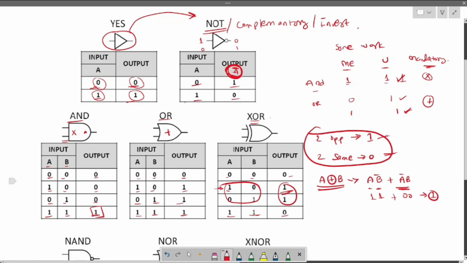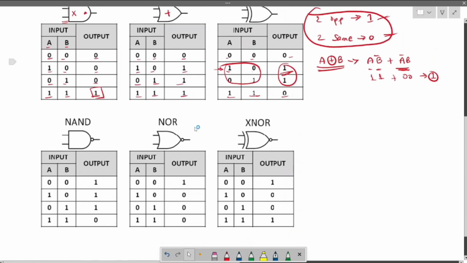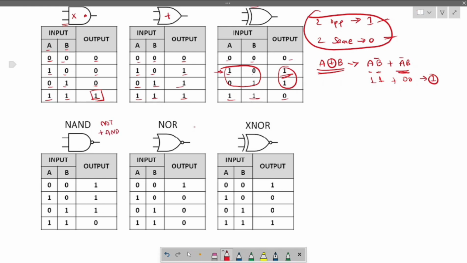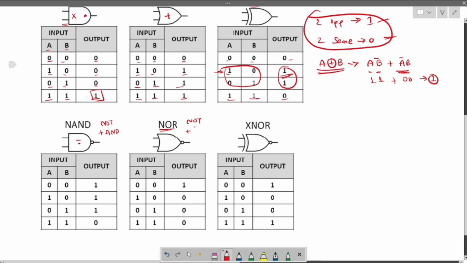Now based on this opposite, we get NAND, NOR and XNOR. NAND is a combination of NOT plus AND, meaning dot bar. NOR is a combination of NOT plus OR, meaning plus bar. XNOR is the opposite of XOR, that is XOR plus NOT.